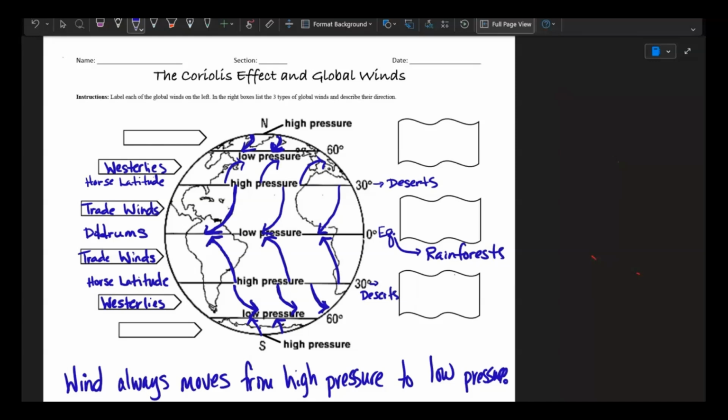All right, our polar winds coming up from the poles, and they are going east to west. These are called the polar easterlies, both north and south.